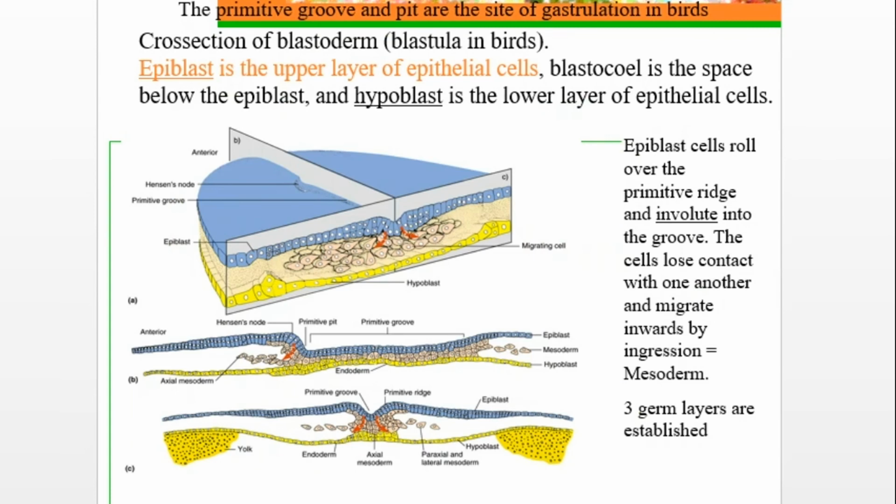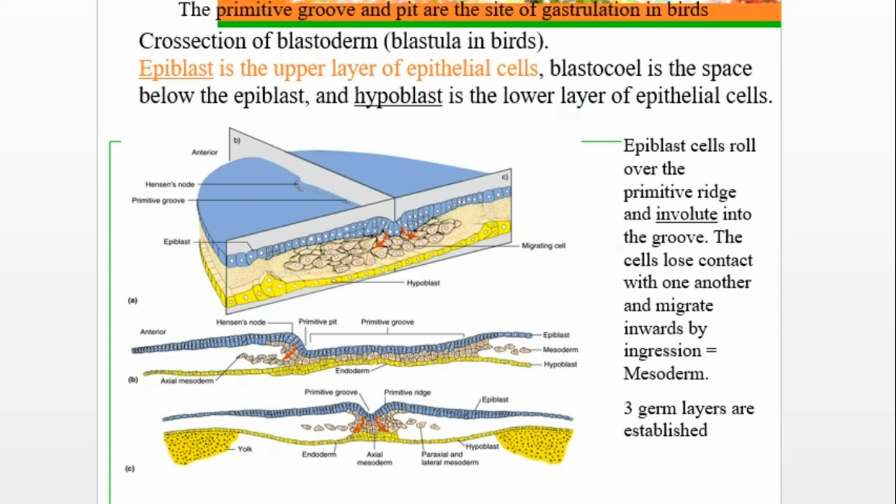After formation of the mesoderm as a middle layer between ectoderm and endoderm, it undergoes differentiation to paraxial mesoderm, intermediate mesoderm, and ventral mesoderm.